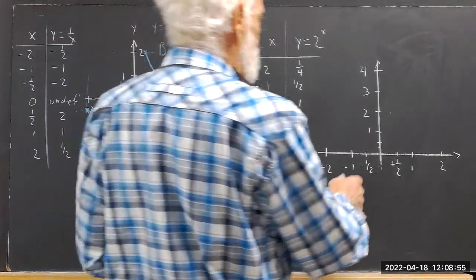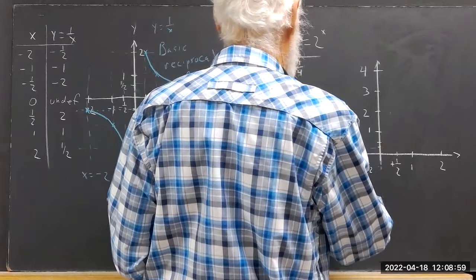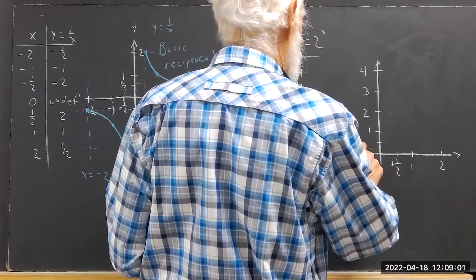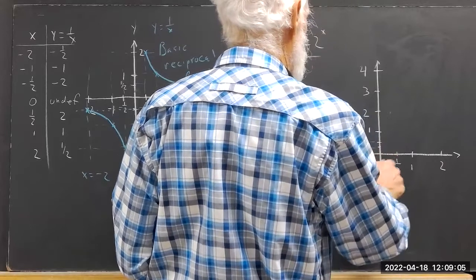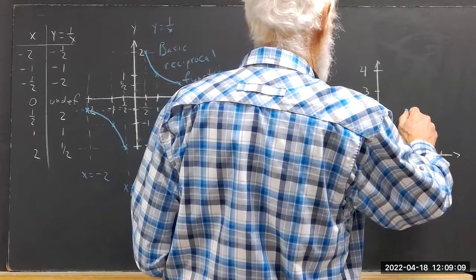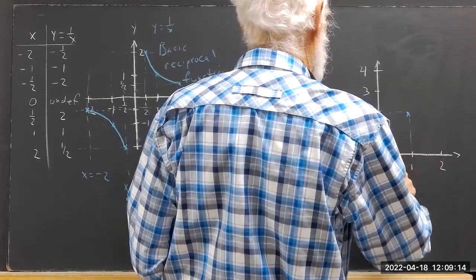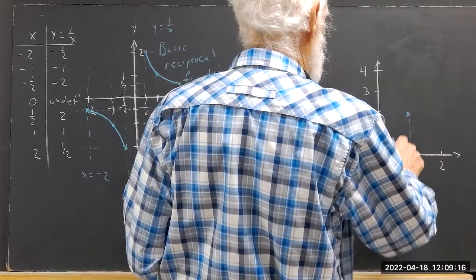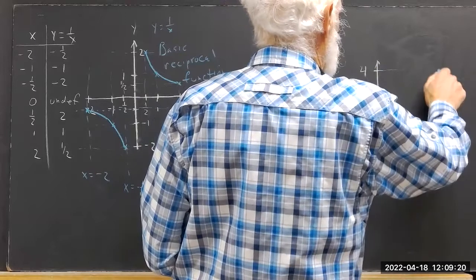Okay, so we got -2, 1/4. Well, that's going to be here. -1, 1/2 is going to be here. 0, 1 is going to be here. 1, 2 is going to be here. And 2, 4 is going to be here.